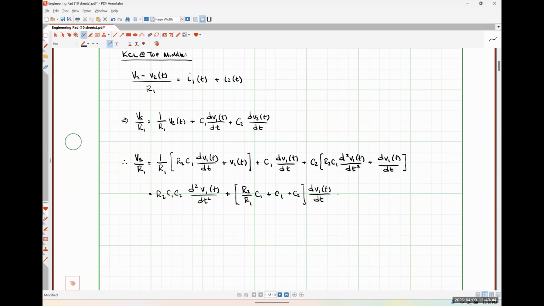And then lastly, I just need my 0th derivative term, or just my function by itself. And the only one of those that I have, I believe, is just 1 over R1 times V1 of t.